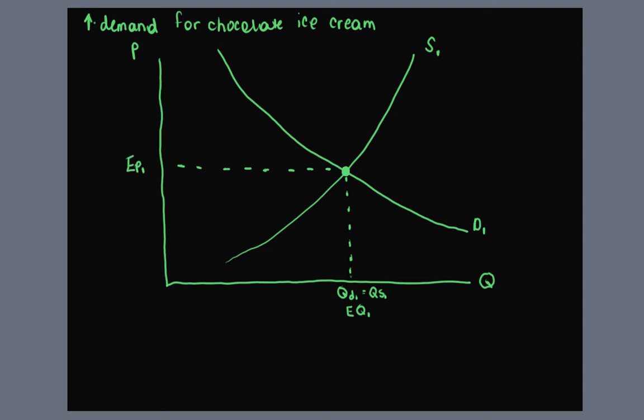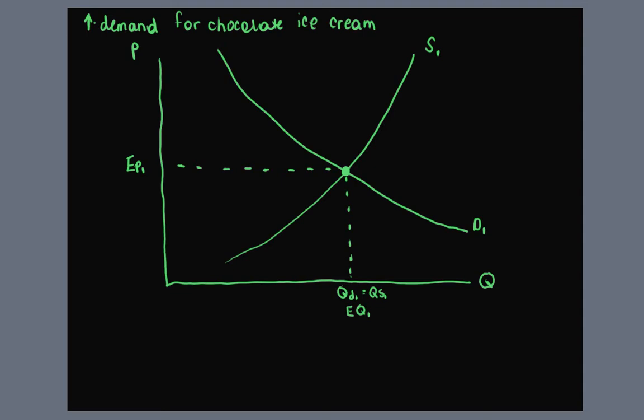Now the demand for chocolate ice cream increases because people think they'll be healthier if they consume more chocolate. From the original equilibrium point, with no change in the price of chocolate ice cream, we have a shift to a greater demand at that price. Again, this is just a shift in tastes, and as a result we have a shift in demand.